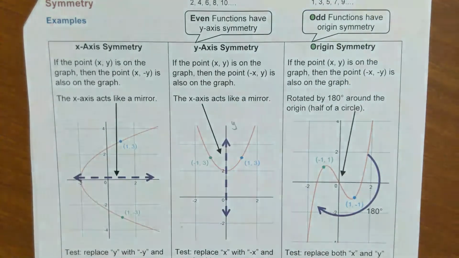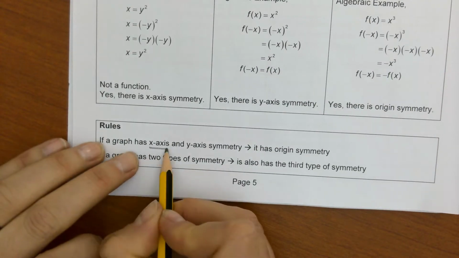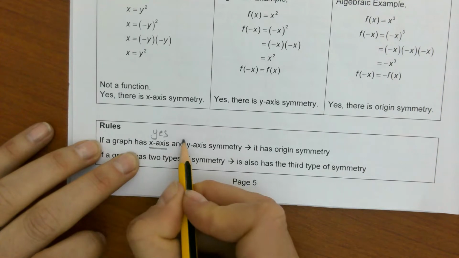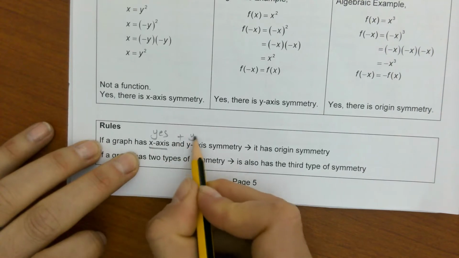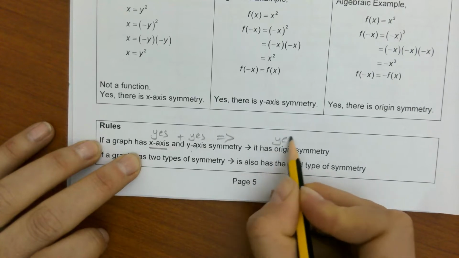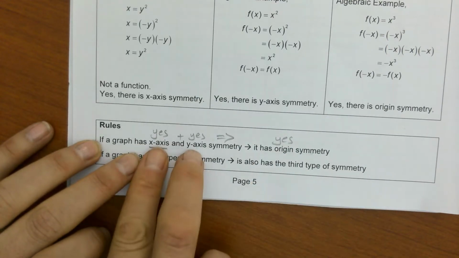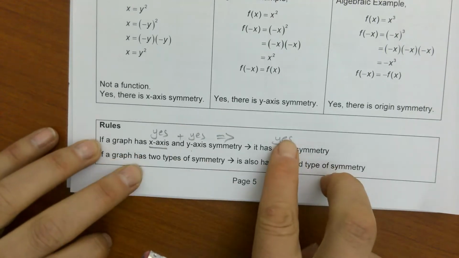Okay, so we have a couple rules, two rules. If a graph has x-axis symmetry and it has y-axis symmetry, then it has origin symmetry. So if you test it and check and it has these two, then yes, it has this one.